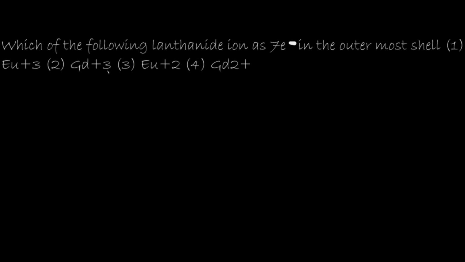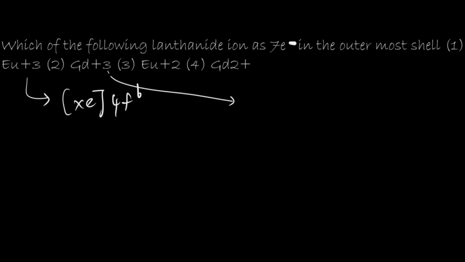Let's see this question. Which of the following lanthanide has 7 electrons in the outermost shell? Europium 3+, gadolinium 3+, europium 2+, and gadolinium 2+. Europium 3+ will not have 7 electrons in the outermost shell, it will have after xenon 4f6.